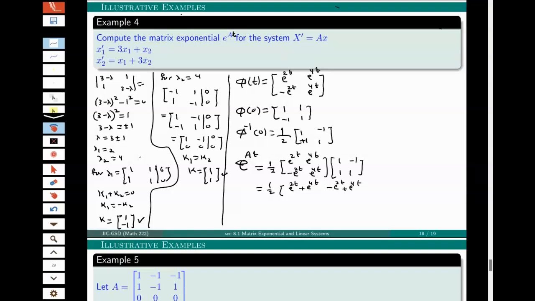Let me just check this is the same as example 4. Yeah, that's right. And then that will be minus e to the power 2t plus e to the power 4t, and second row by second column, it will be e to the power 2t plus e to the power 4t. That's all.